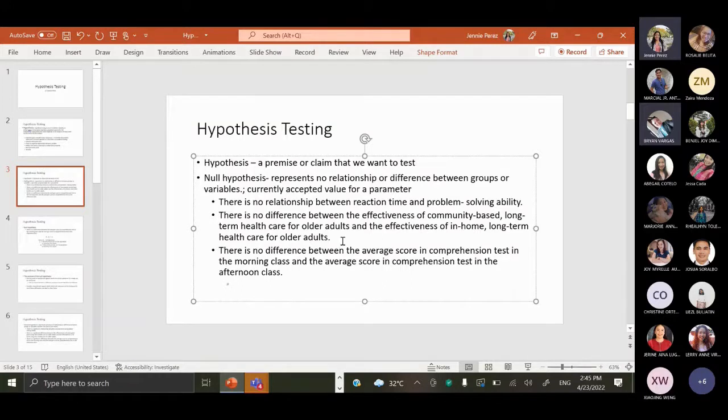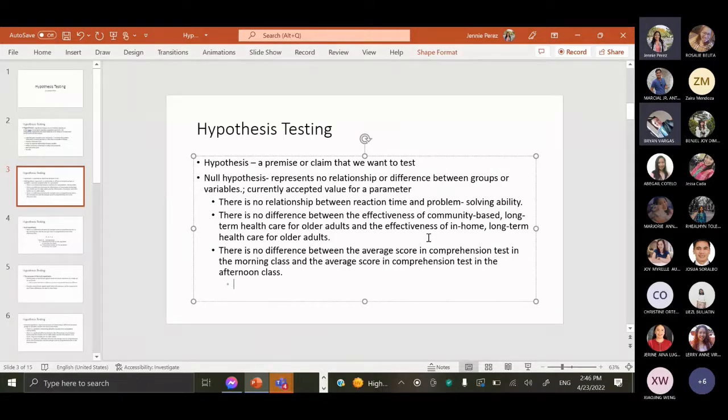Because in research, we try to establish that there is a difference between the interventions that we are testing and comparing, and if it comes out to be a significant difference, then we can assume that any change in the dependent variable is due to the intervention that we have done. So here, the intervention, the independent variable, is the type of healthcare, whether community-based or in-home.